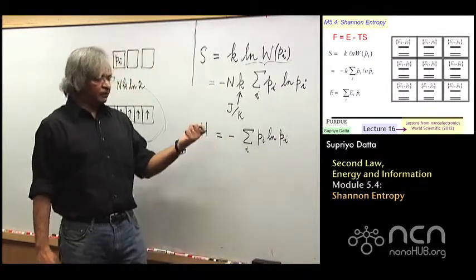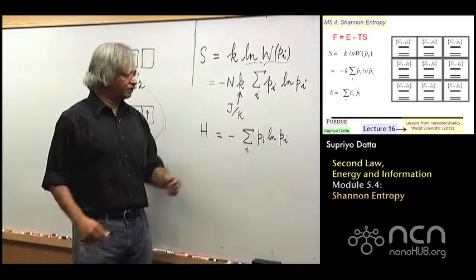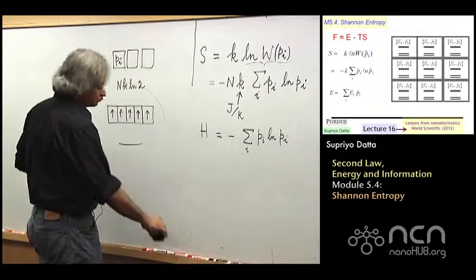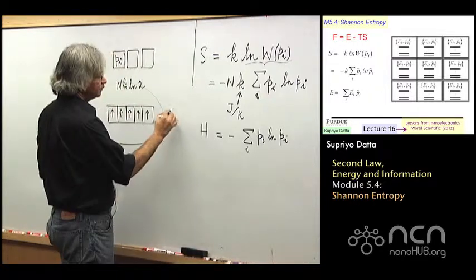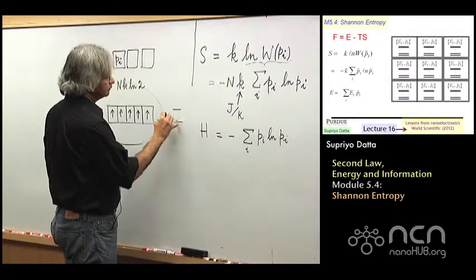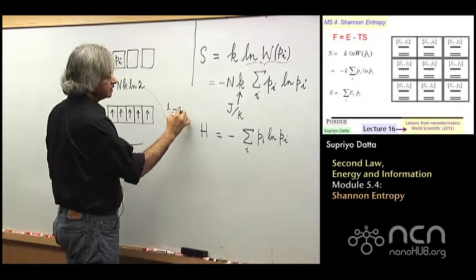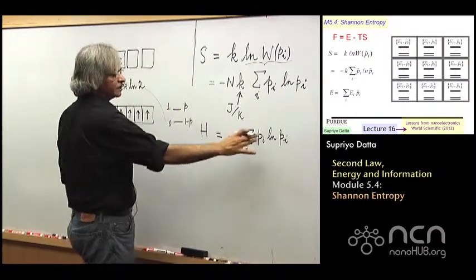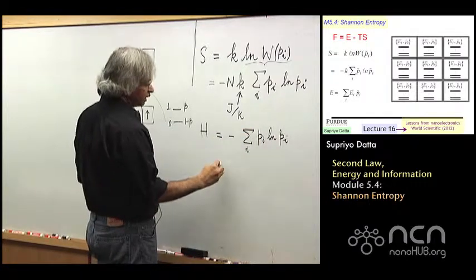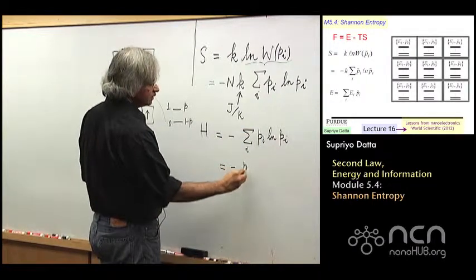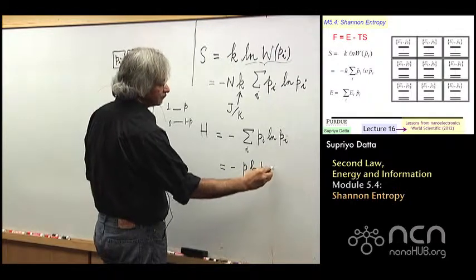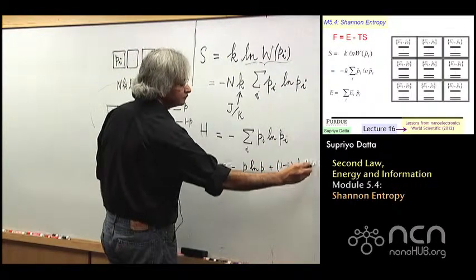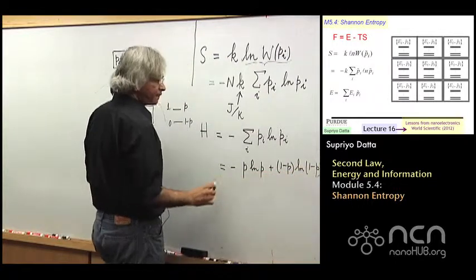And if each bit a priori had a probability of being in one of two states, so the bit could be 0 or 1, with probabilities, say, p and 1 minus p, then when you do the summation, you'd end up with minus p log p plus 1 minus p log 1 minus p.